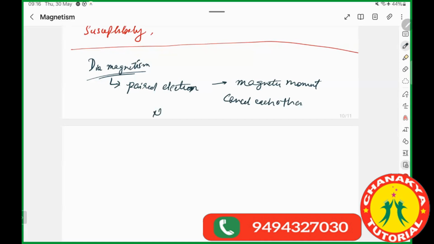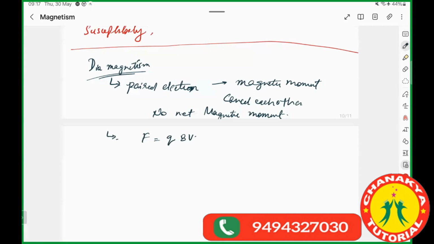So no net magnetic moment. What else can we say? F equals QvB. Q is your charge, B is your magnetic field, and v is your velocity.